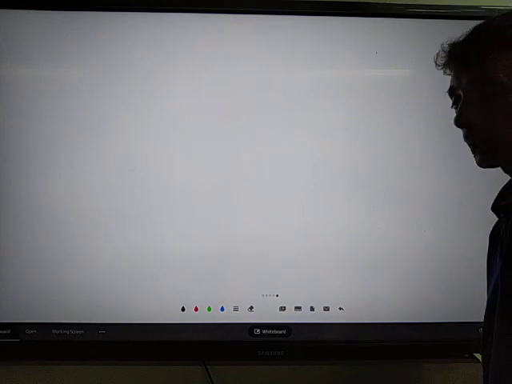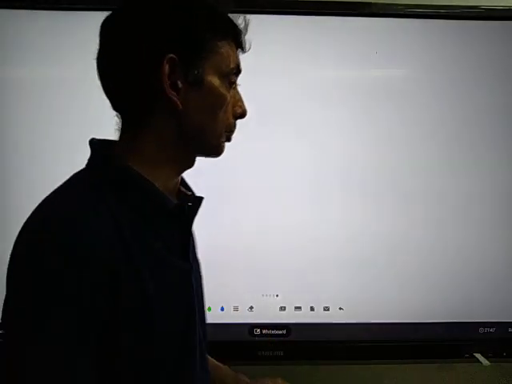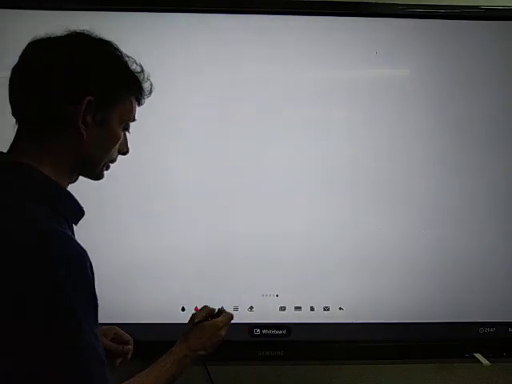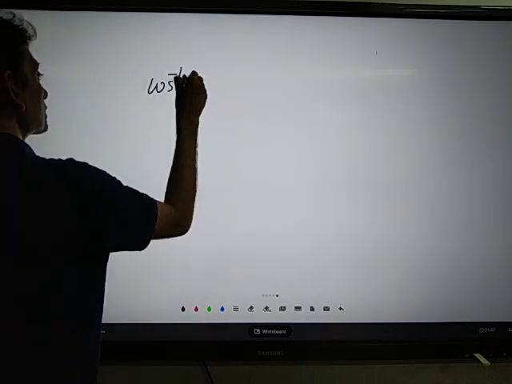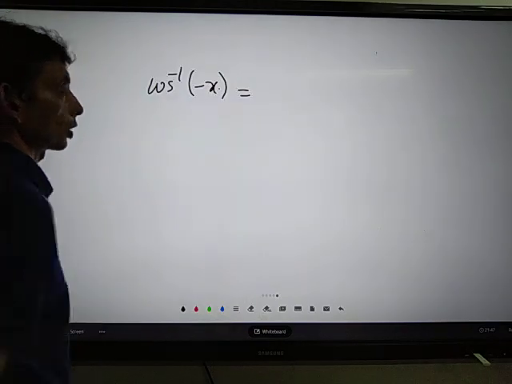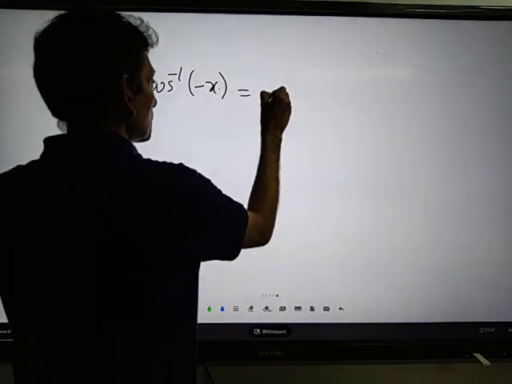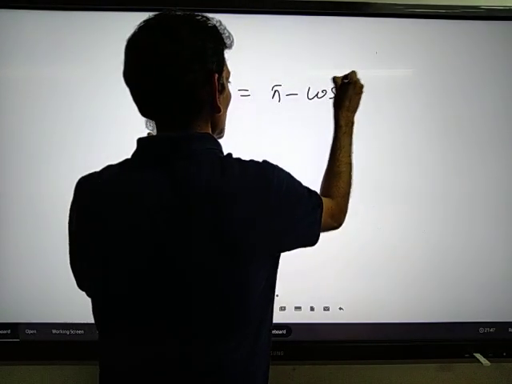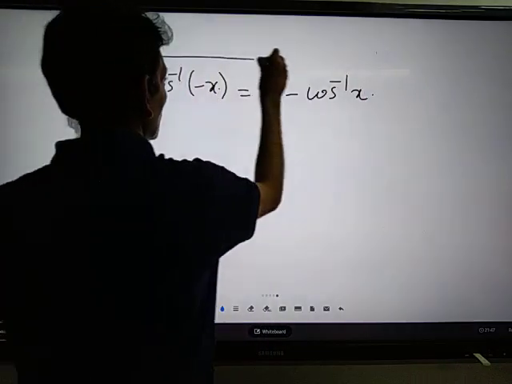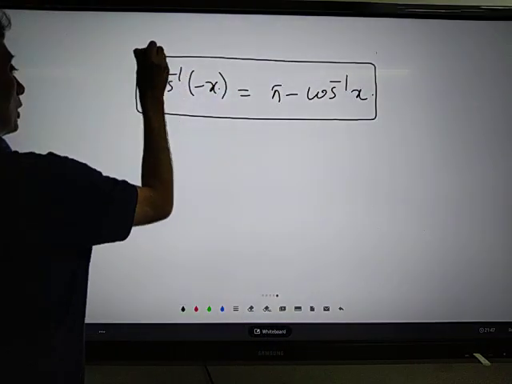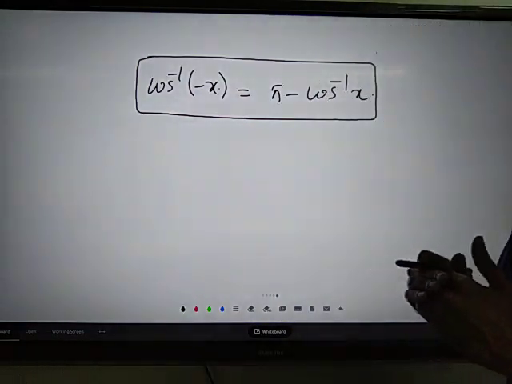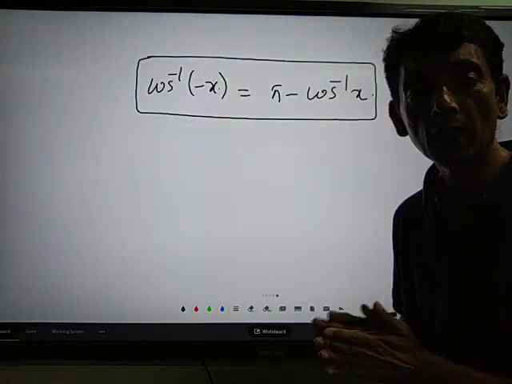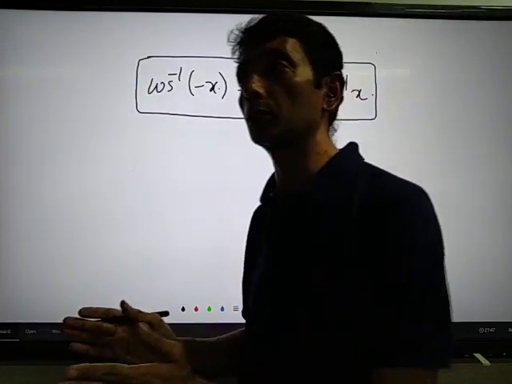Next, we are going to prove another very important property, that is cos inverse of minus x equal to pi minus cos inverse x. Already I said that three functions follow one particular pattern, and another three functions follow another pattern.